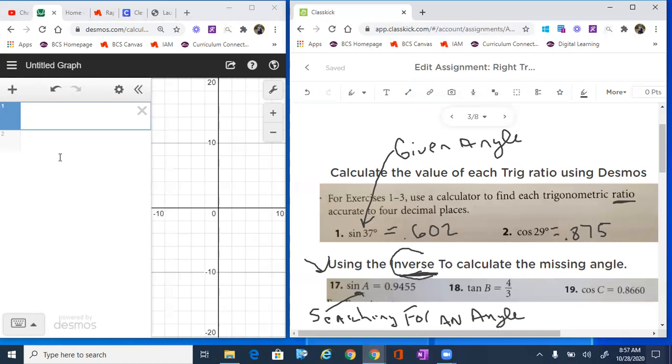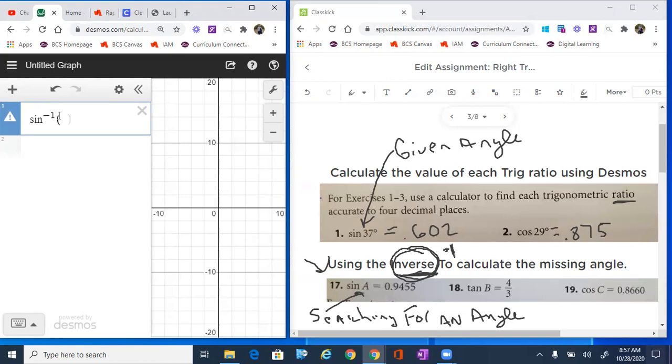We have to use the inverse. And in previous math courses, we've learned that the inverse is this little -1 that we indicate it with. So when we type in the inverse, I want to start with sine, because it is a sine problem for number 17, but I'm going to put an exponent in there that is -1. That indicates that we are talking about the inverse.